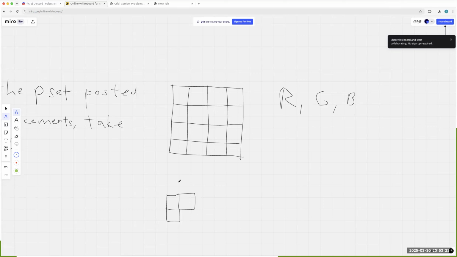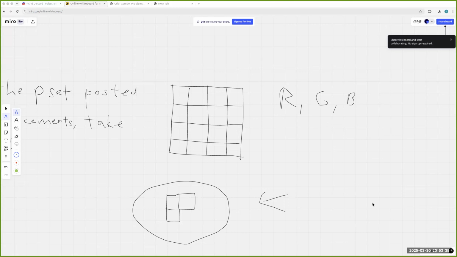And so generally for this type of question, we want to look at where this type of tile can appear, right? So where can this type of tile appear? I will answer that question at the very end.